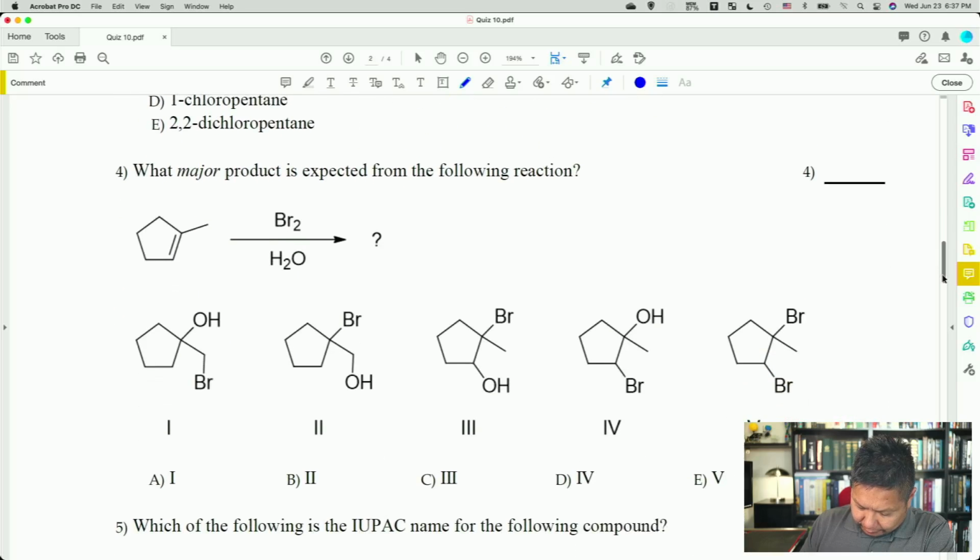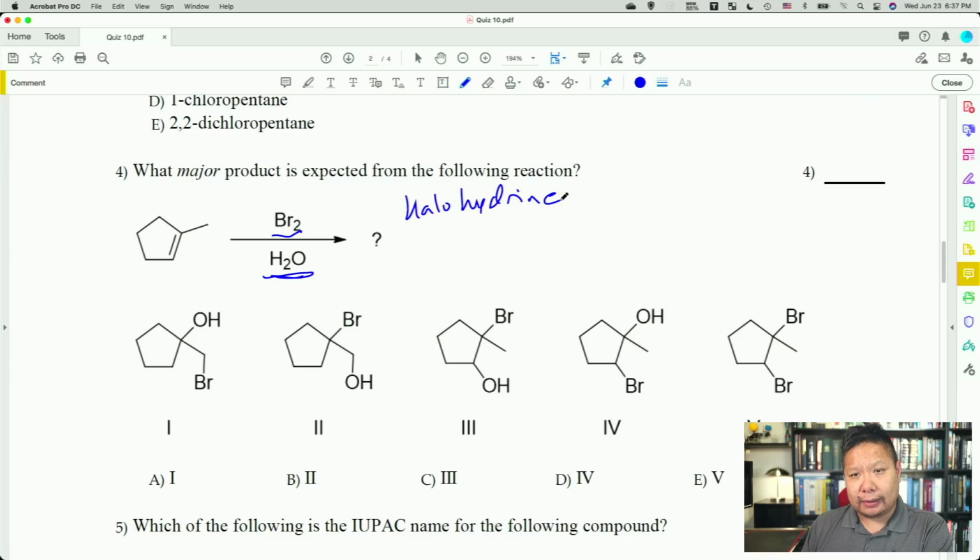Next one: what is the major product of the following? We have bromine and water. So this is the halohydrin reaction. In the halohydrin reaction, we have an addition of both alcohol and bromine.